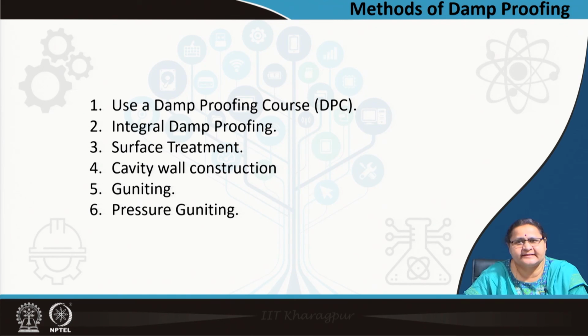You may have cracks, and you may need to push in some kind of damp proof material through gunniting and pressure gunniting. Cavity walls can help you in segregating outside from inside. We will try to understand all these 6 methods of damp proofing in our next lecture.